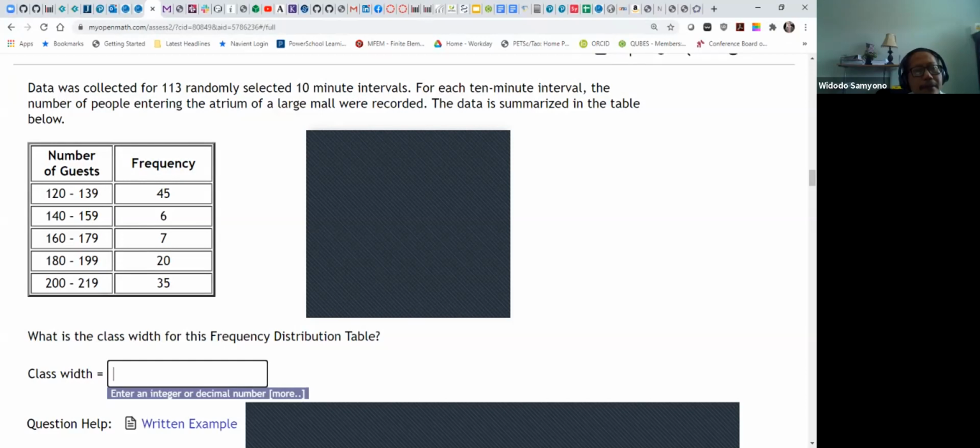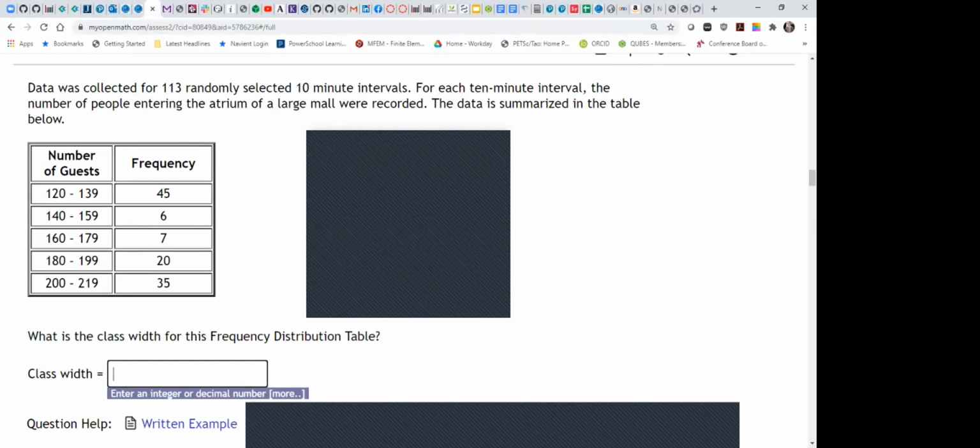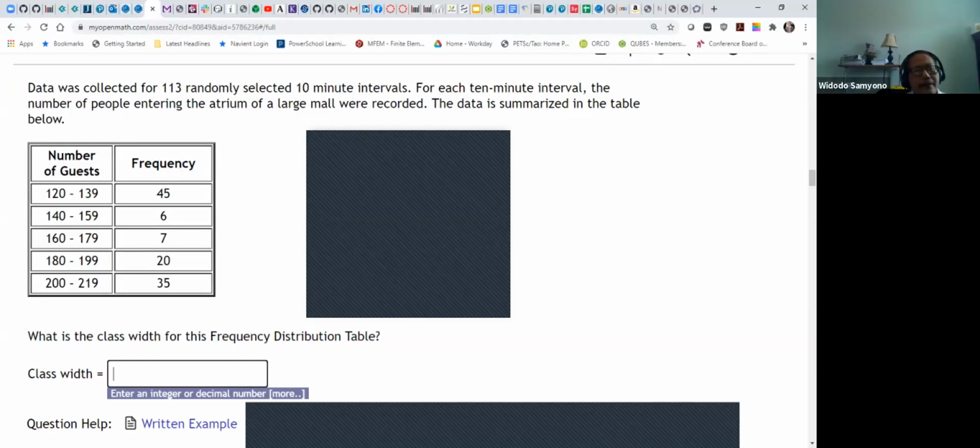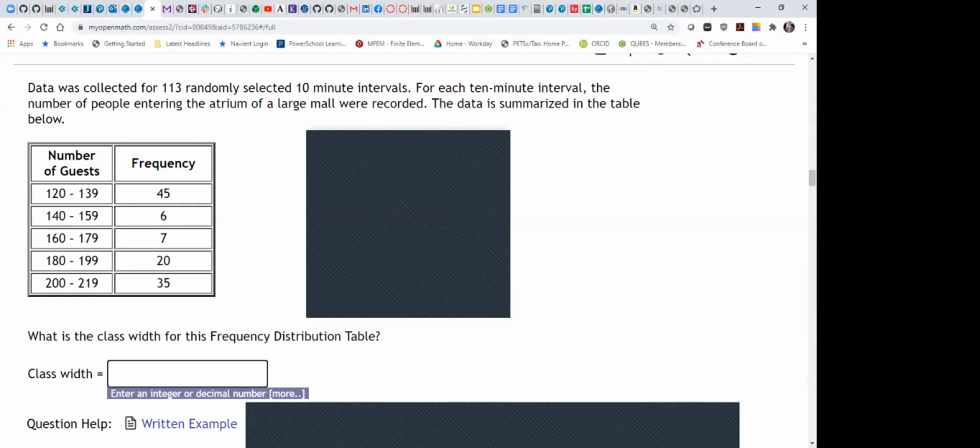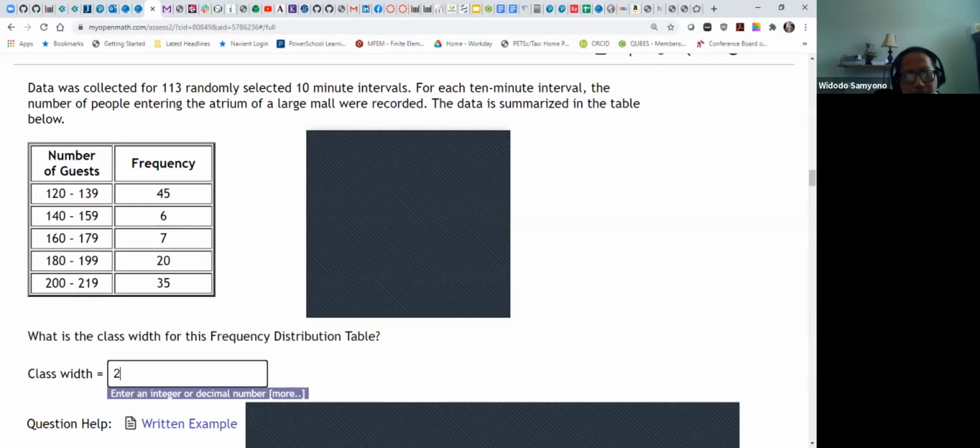So what is the difference? 20. 20, yeah. You can see the difference is the same: this 20, this 20, 20. So the class weight will be 20, okay?